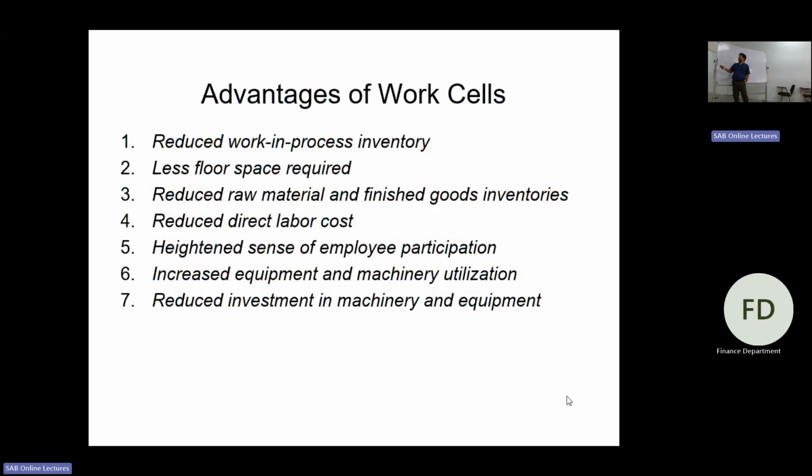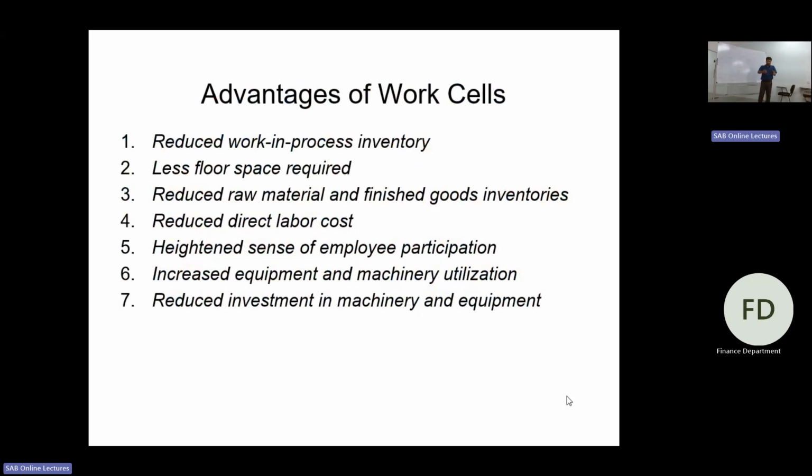So some advantages of work cells are mentioned here. Good if you can understand, otherwise don't worry. Feel free to ask some questions if any. We can minimize the work-in-progress inventory when arranging as work cells.